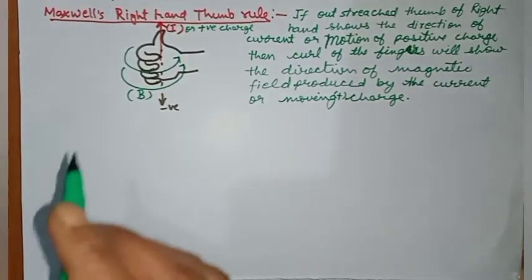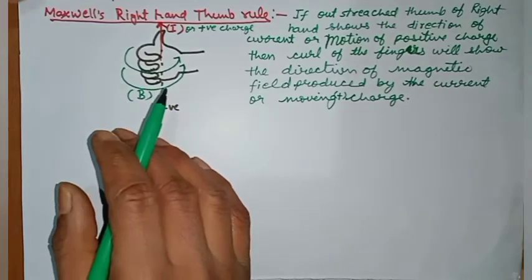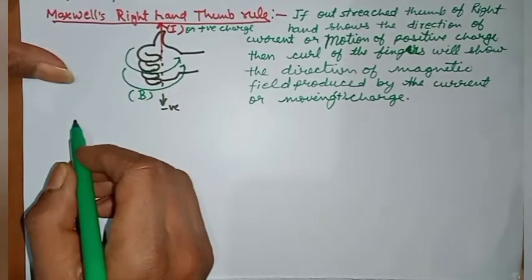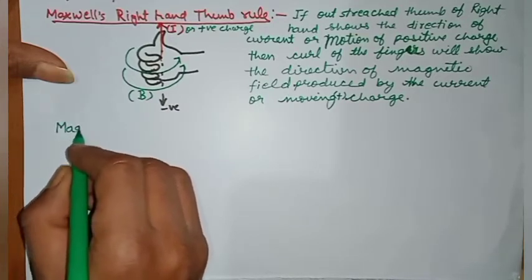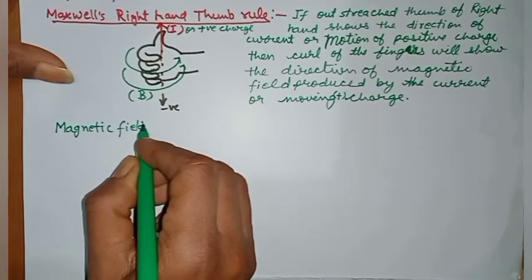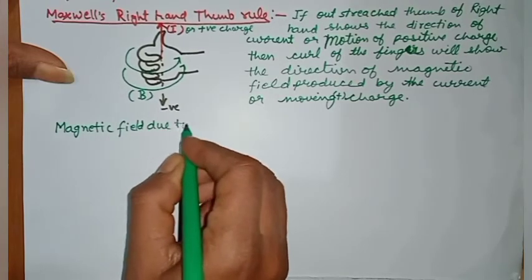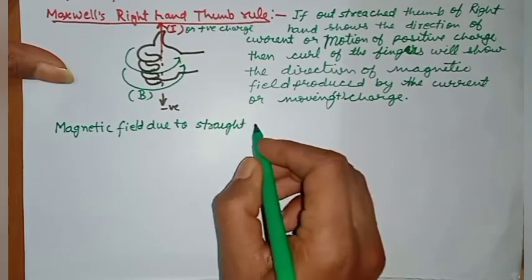Now, how are we going to apply this rule, and which type of question would be asked? But before that, let me introduce another topic: magnetic field due to a straight current carrying conductor.